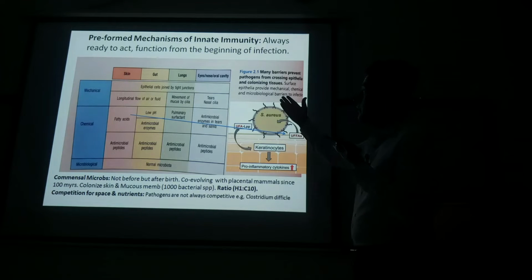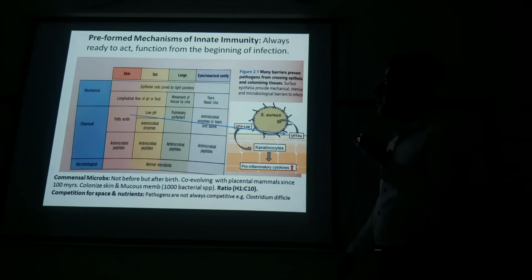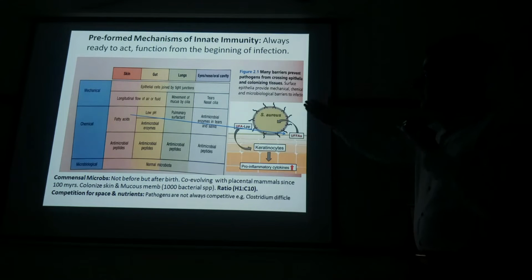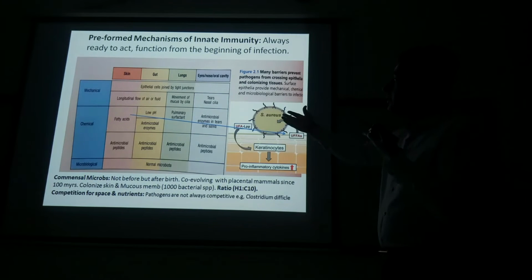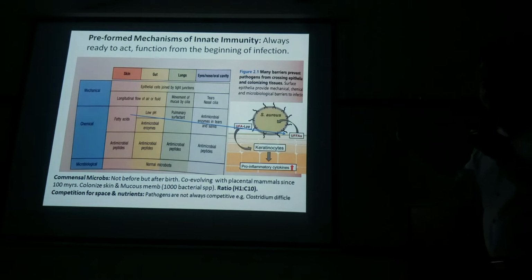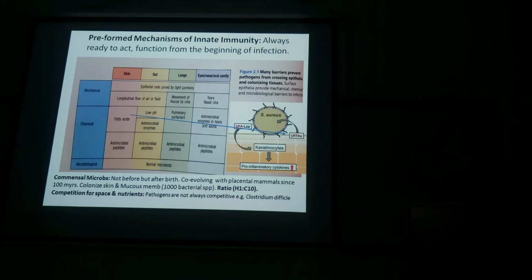Then you can talk about the gut having similar mechanical support. Then there is chemical support in the form of low pH in the stomach, for instance, which is bactericidal.